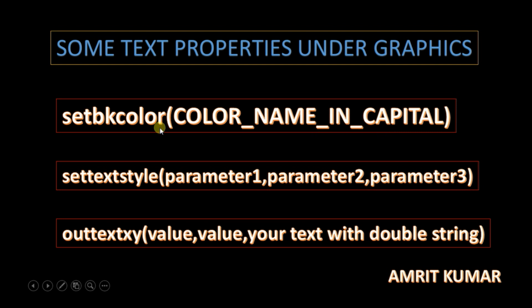This function makes the background the color you desire. You can use yellow, red, or blue here with capital letters. So this is the function under graphics text properties which helps us set a background color in graphics.